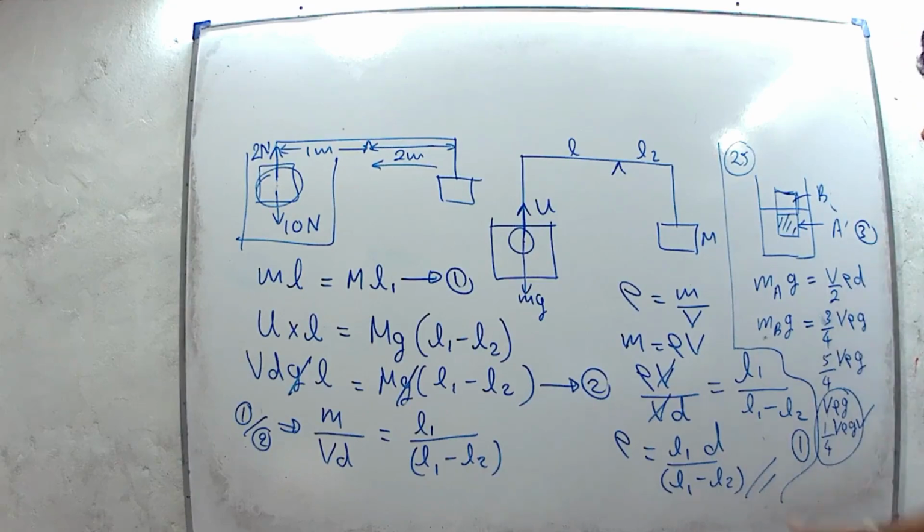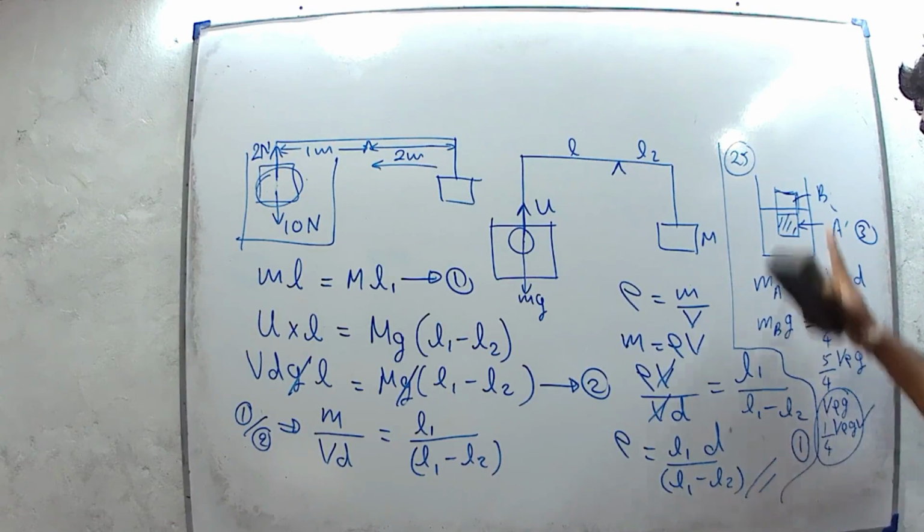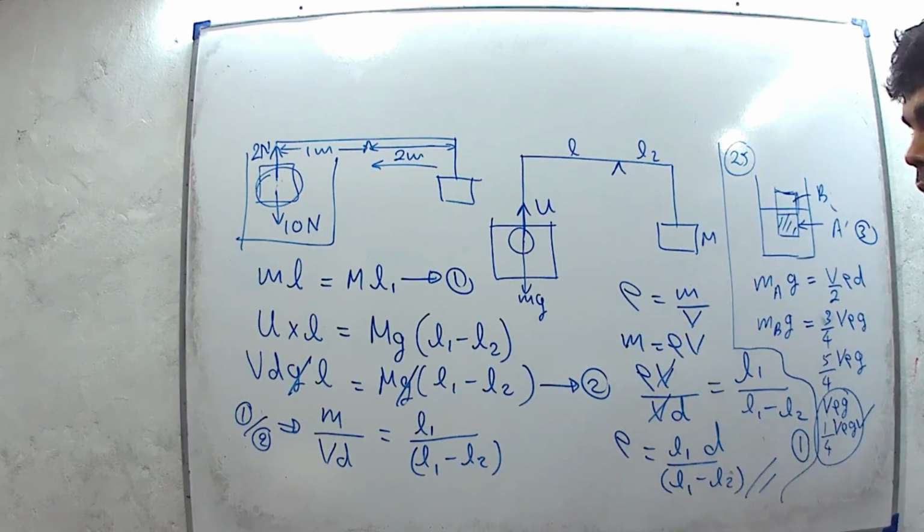Answer is 3. 1/4 of cube B should be immersed in water.